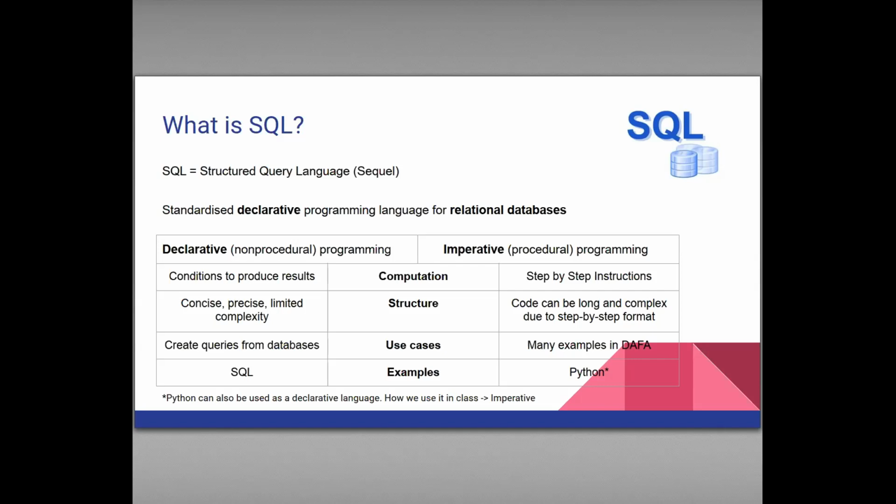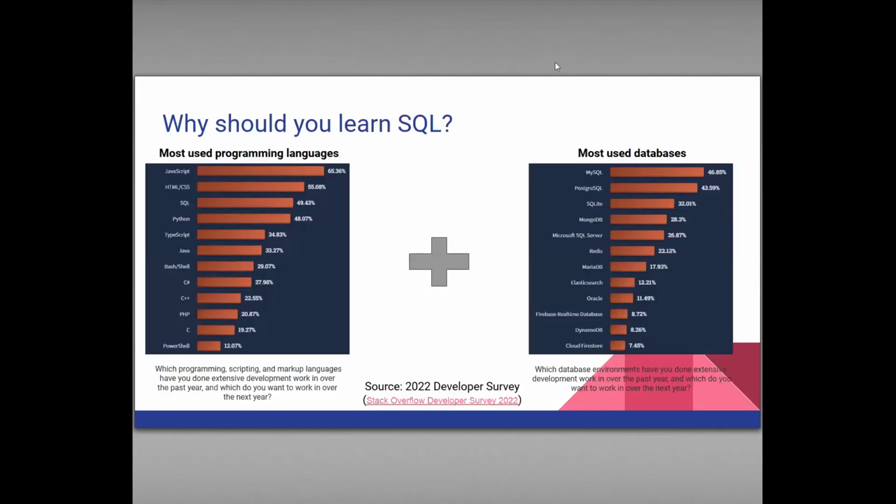The use case, like I already said, is basically requesting data from a data warehouse, and the use case for imperative languages is much broader, like we've seen in Java, where there are many different ways you can use it. Also, a motivation why you should care about SQL: here we see two graphs from the developer survey of 2022 from Stack Overflow.